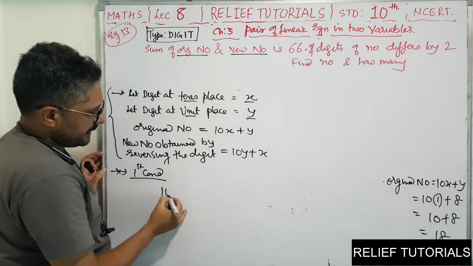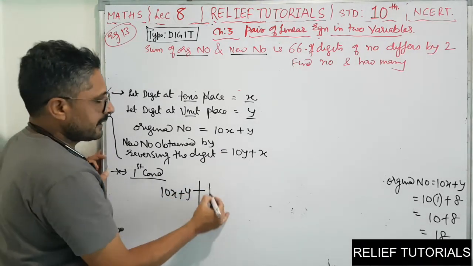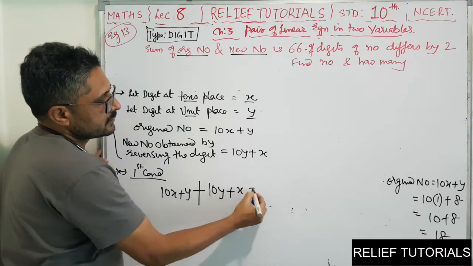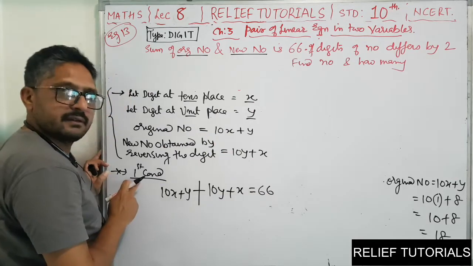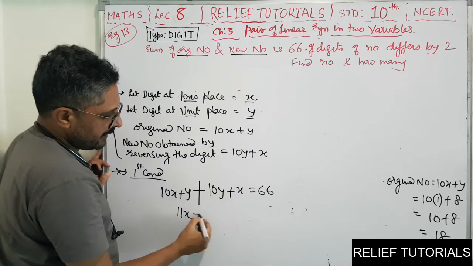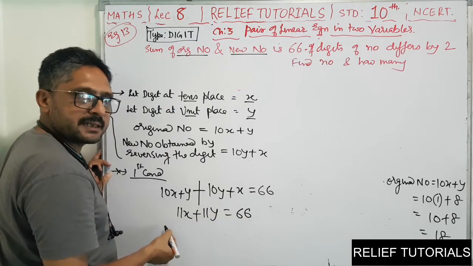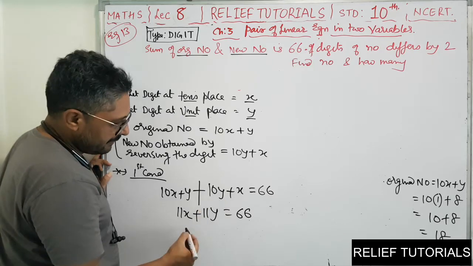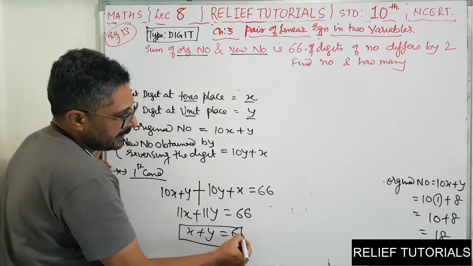This is the original number, 10x plus y, plus the new number 10y plus x. So the sum of the original number and the new number is 66. This is our first condition. Now 10x plus x is 11x, y plus 10y is 11y, equal to 66. See, all these numbers are multiples of 11. So divide by 11. So x plus y is equal to 6. This is our equation 1.